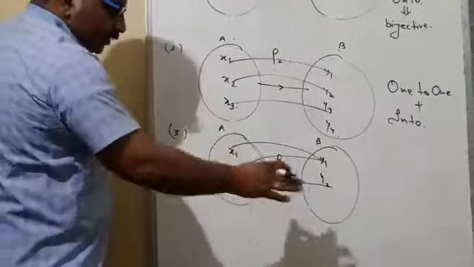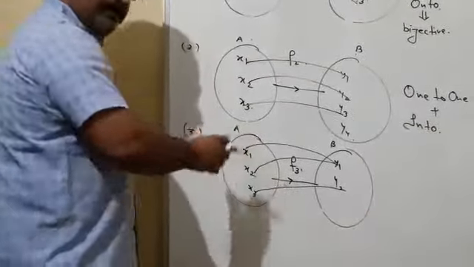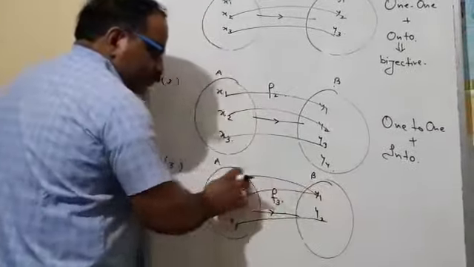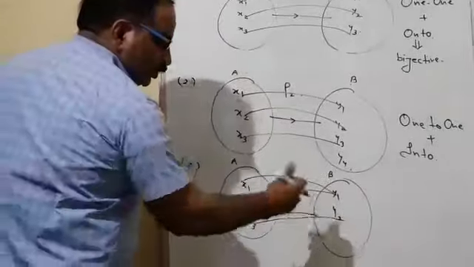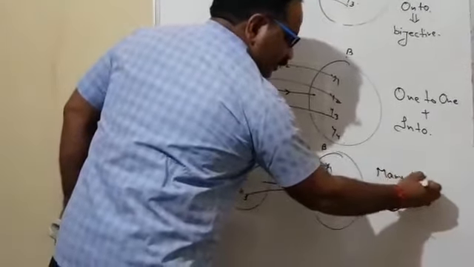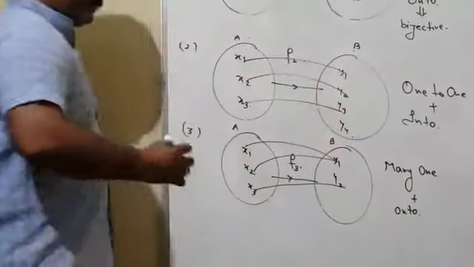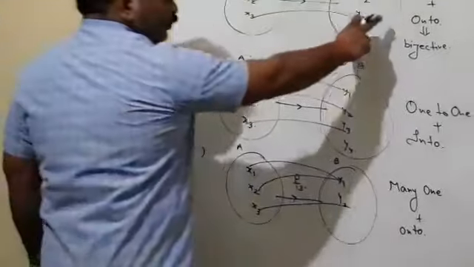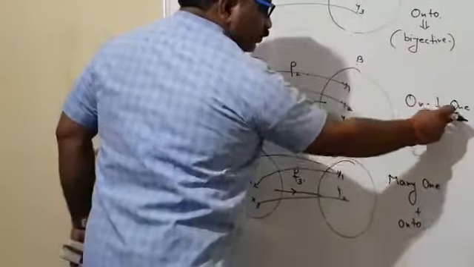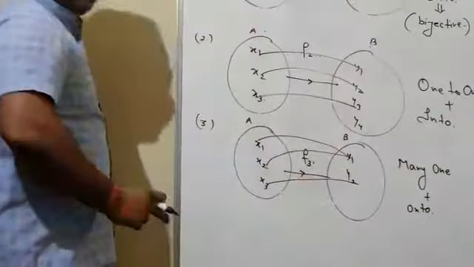It is not 1-1, it is many-one, because these two elements move onto the same component y1. So this is many-one and it is onto also. So I can write in brief: this is many-one plus onto. So we have the categories here: 1-1 plus onto, known as bijective; 1-1 plus into another; many-one plus onto another.